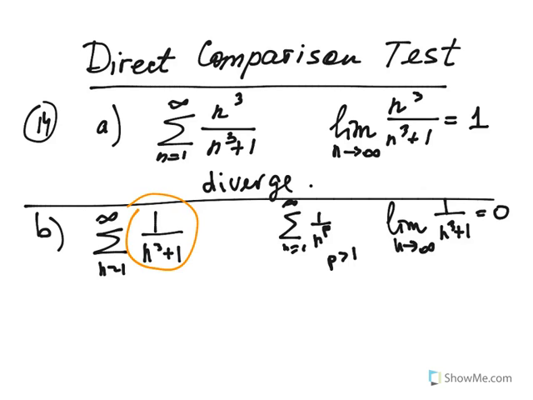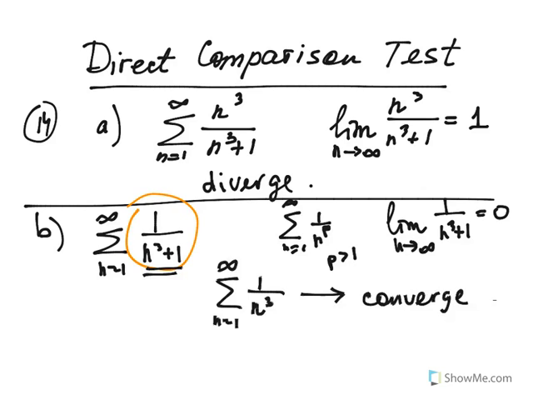So this one has an exponent of 3, and it does look like the p-series. So basically what we're doing here is comparing this given series to the p-series, 1 over n cubed. And we know that this one converges, right?